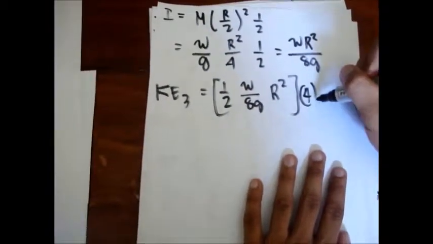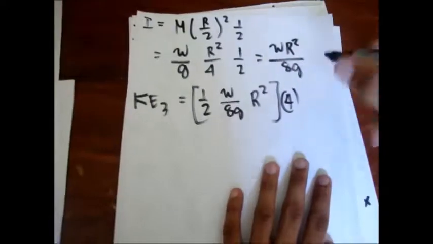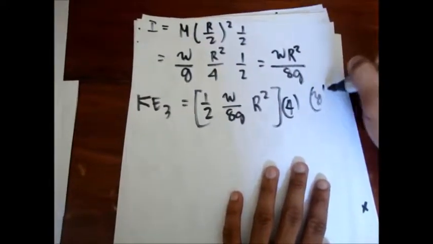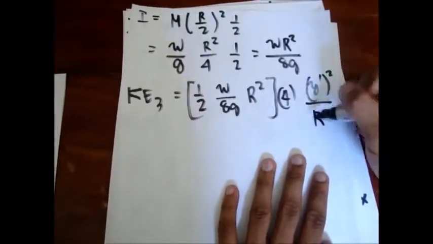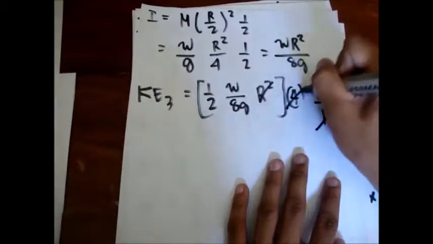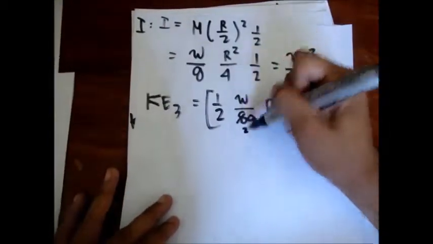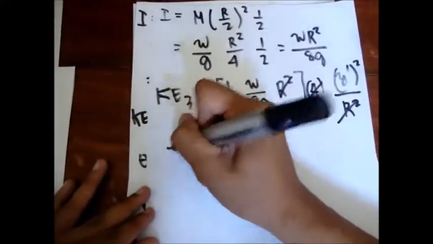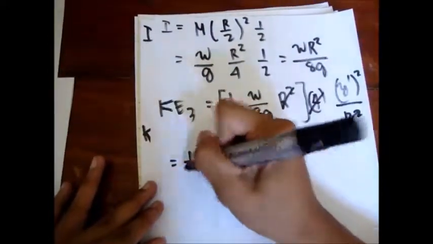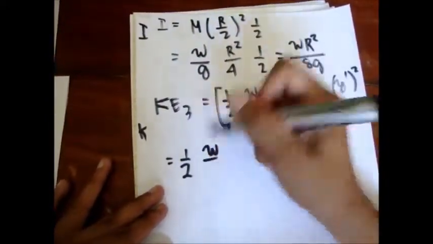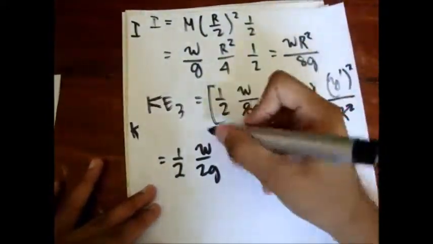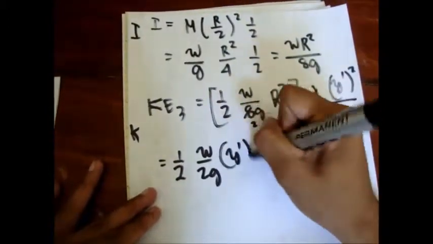So our KE3 is equal to 1 half W over 8G times R squared times our theta prime squared, which is replaced by 4 times Y prime squared all over R squared. So cancel, then 2 here. Simplifying it further, we have 1 half times W over 2G Y prime squared.